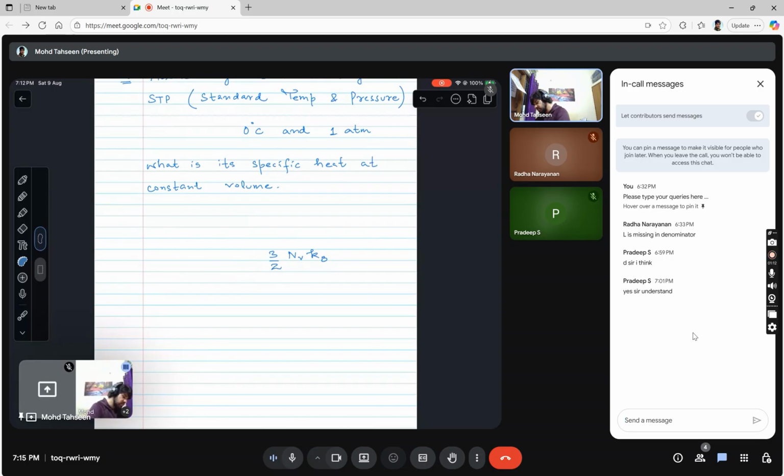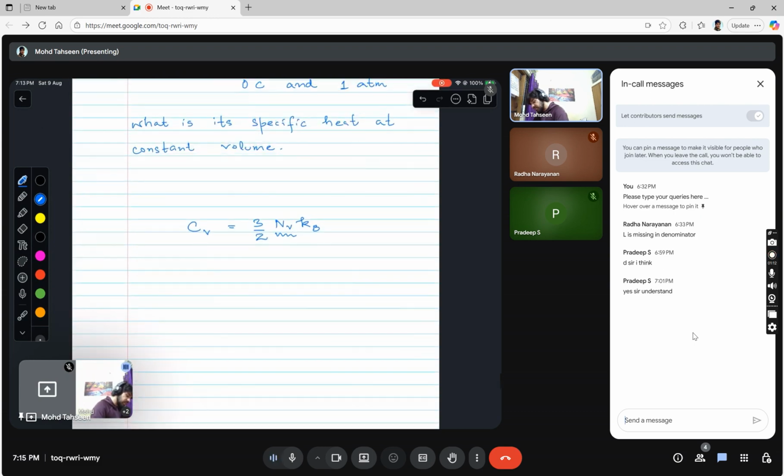So we know that CV is equal to this. Now the question is, how do I calculate this number? KB is the Boltzmann constant, I know its value. The question is, how do I calculate NV? So NV can be calculated as follows.